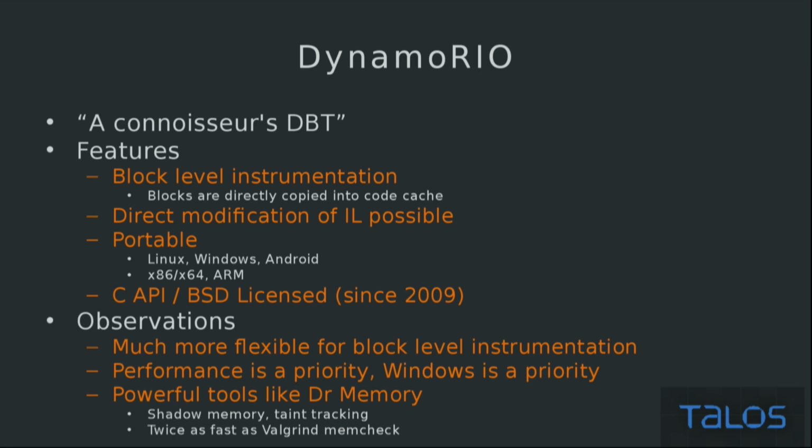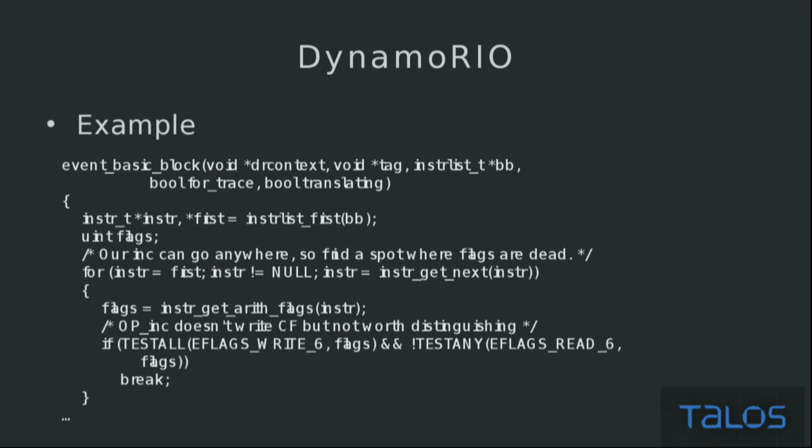You can synthesize instructions on the fly. It's also portable and BSD licensed, so if you're writing tooling that you want to be able to ship and package, it's available. And it has powerful tools like Dr. Memory, which, like I mentioned already, has shadow memory, taint tracking, all kinds of stuff similar to Valgrind Memcheck.